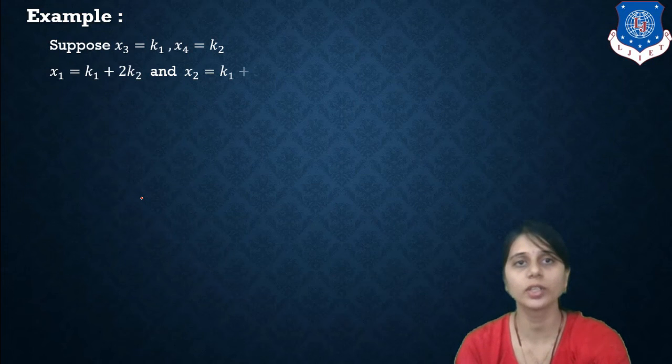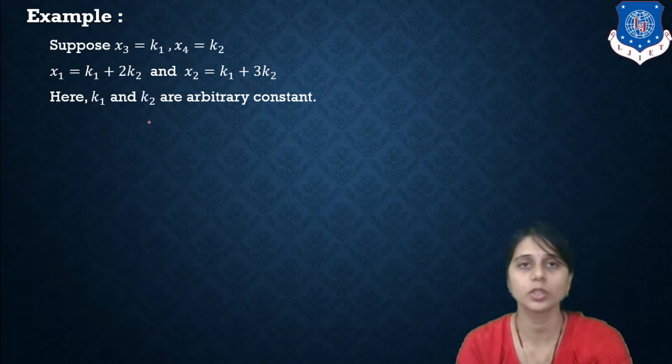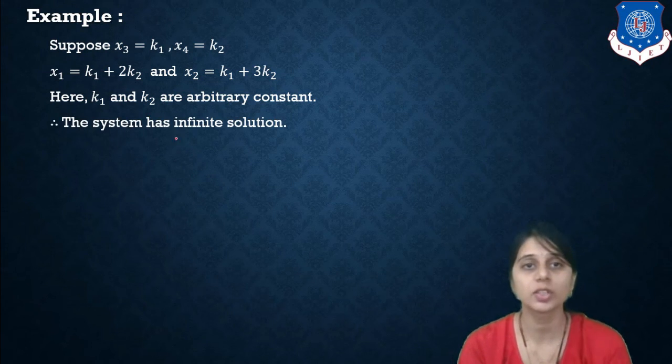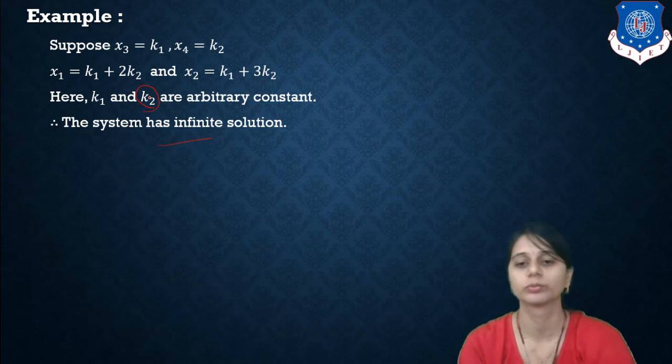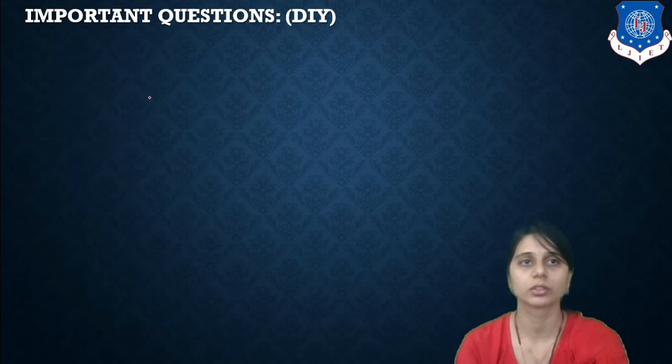Suppose x3 equal to k1 and x4 equal to k2. So we get the values of x1 and x2 in terms of k1 and k2, where k1 and k2 are constants. The system has infinite solutions because it depends on k1 and k2. So the system has a non-trivial solution.